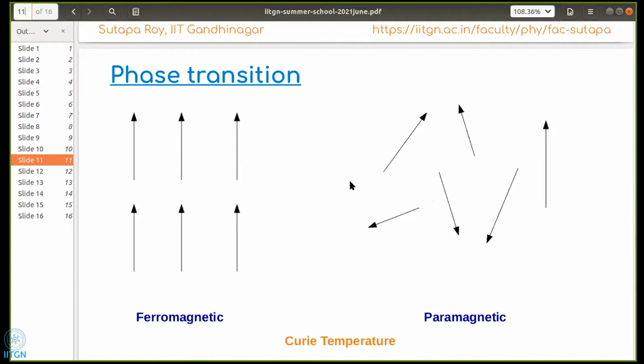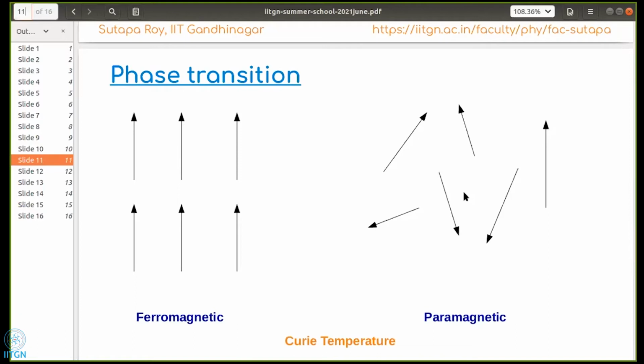Now you can imagine a situation where you have a system in which things are randomly oriented initially, and then you suddenly change the temperature of the system.